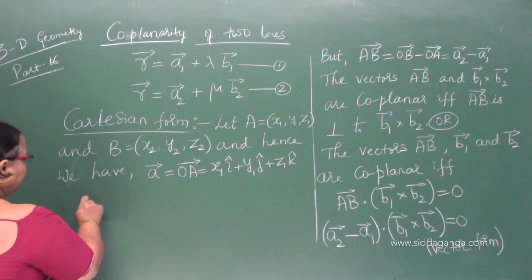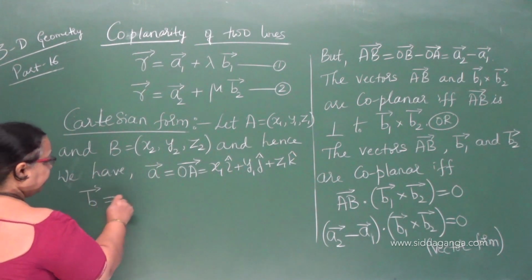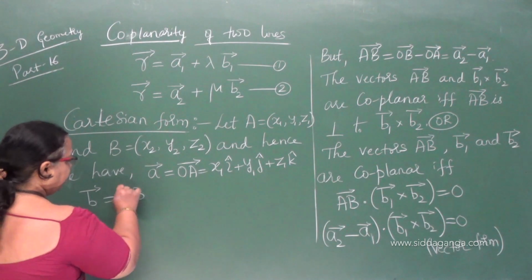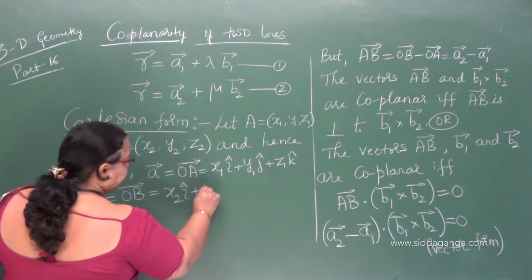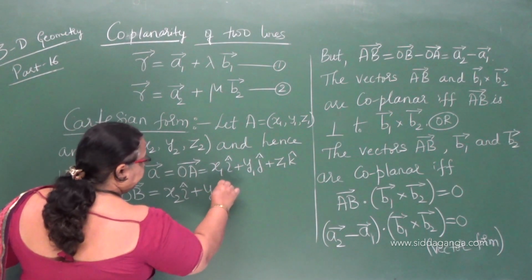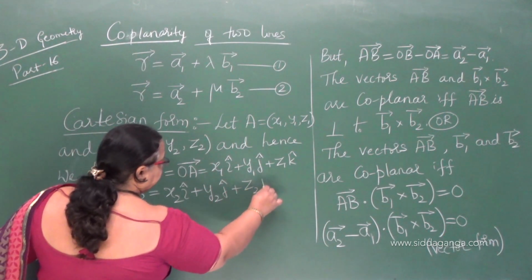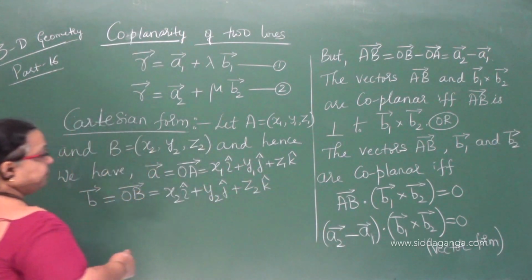And also vector B equals vector OB equals x2 into I cap plus y2 into j cap plus z2 into k cap.